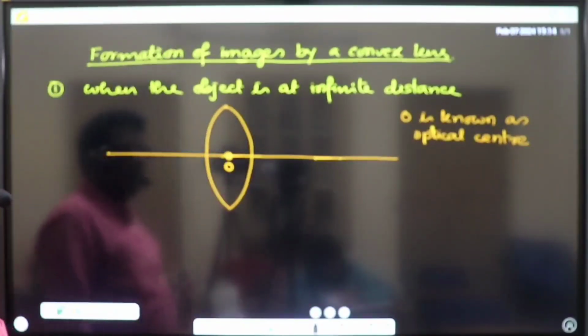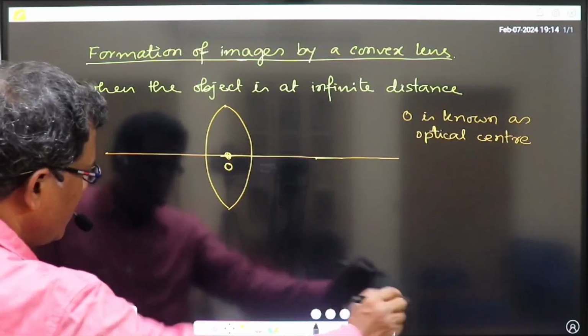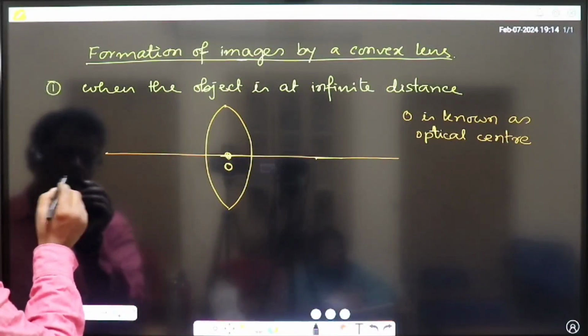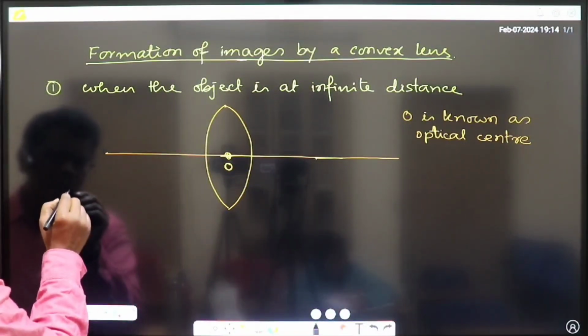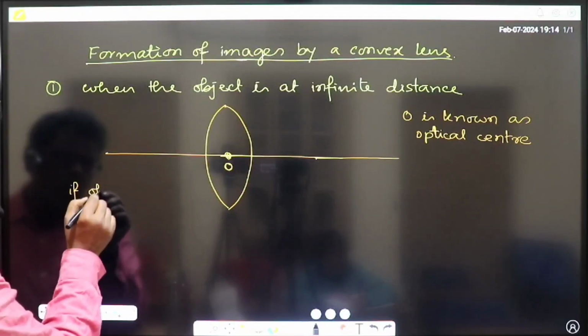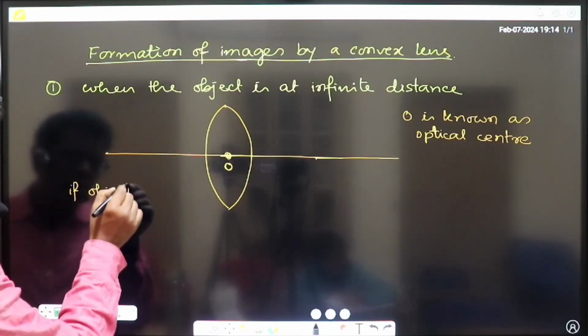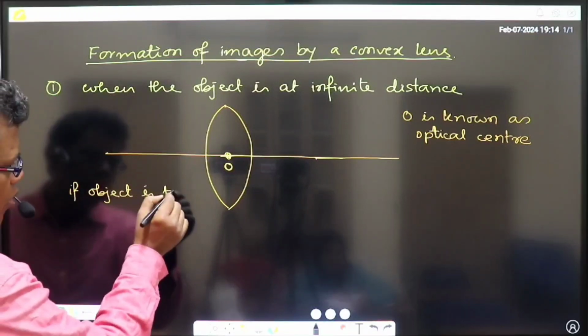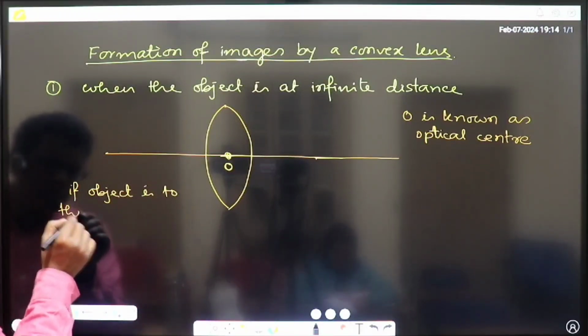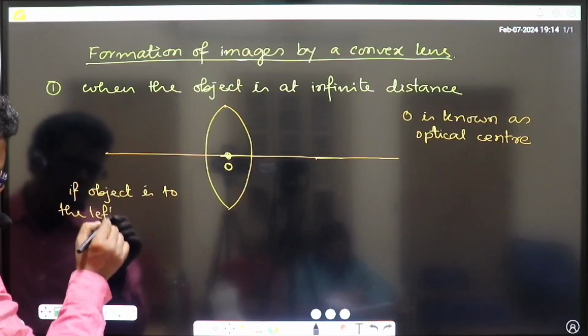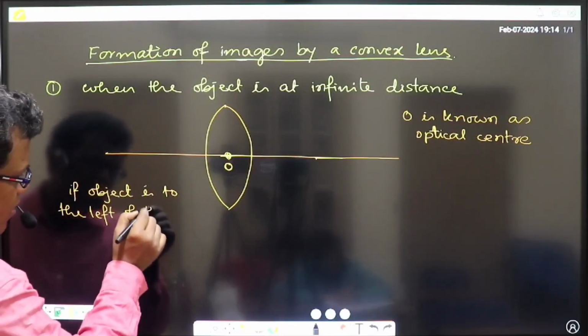So the object is at infinite distance. Suppose the object is to the left of the lens.